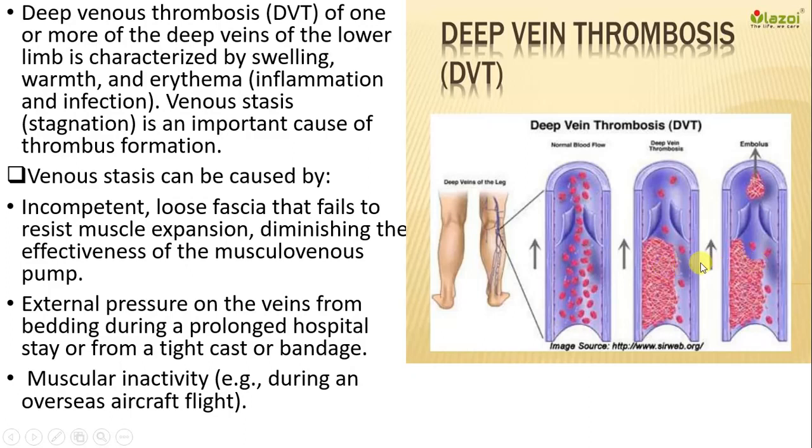Then what is the danger? Because this process is occurring in the deep veins, it is named deep vein thrombosis. What is happening here? This small clot from the thrombosed blood is detaching and moving upward, becoming an embolus. First there is thrombosis, and then it becomes an embolus.